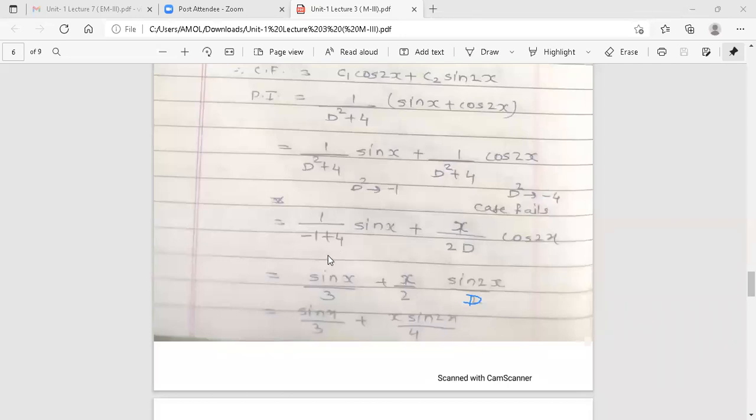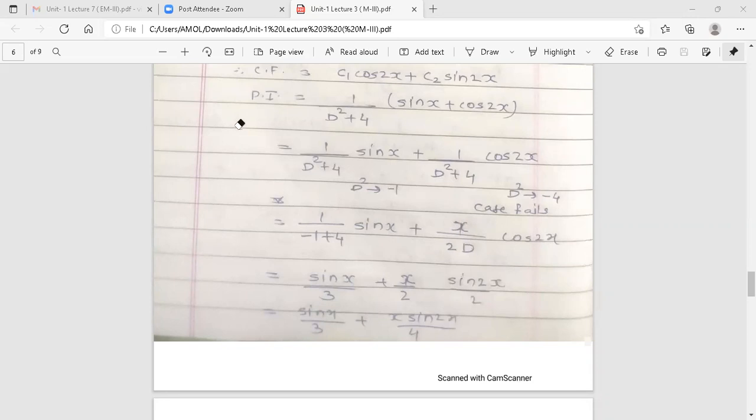So the term is here x by 2 into... sorry, actually it is the calculator term. So the calculator term is here sine 2x by 2. This is correct.